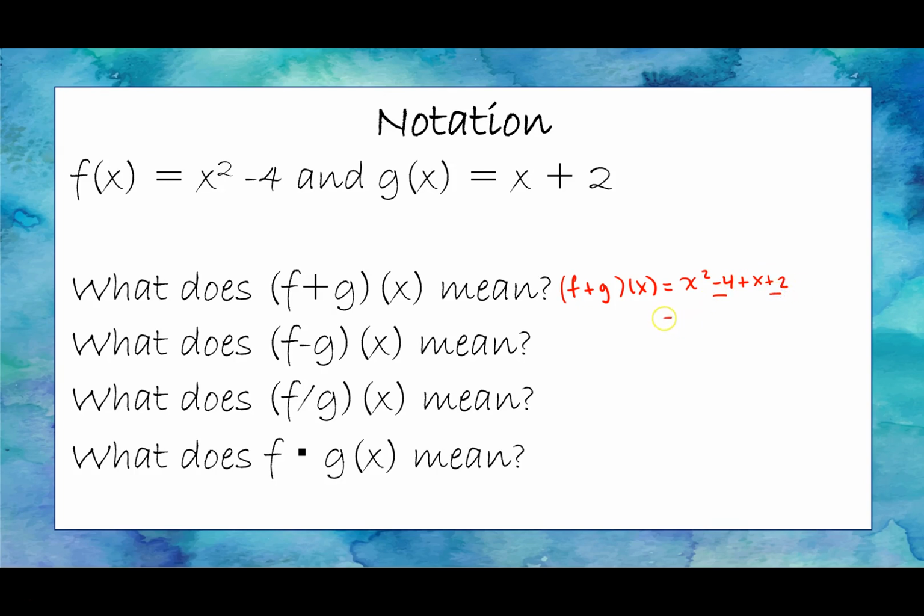And so this whole thing is going to be equal to x squared plus x, and then a negative 4 and a plus 2 is a minus 2. So what I have boxed here is equal to f plus g of x. All right, let's go ahead and try another one. I'm going to erase that, so make sure you have that down.